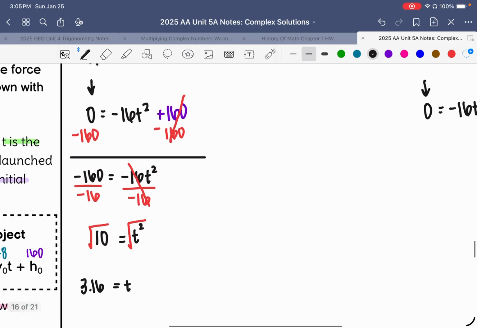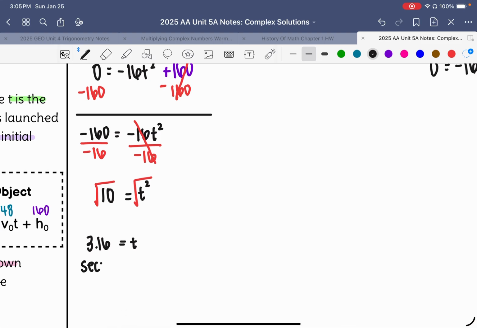So our dropped object reaches the ground in 3.16 seconds.